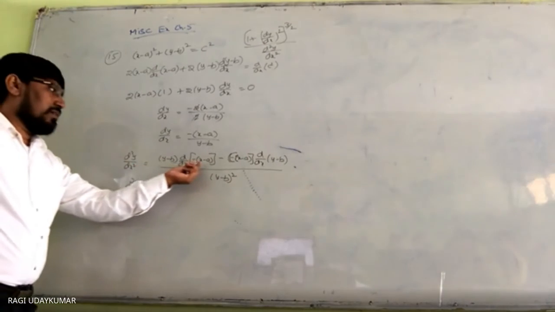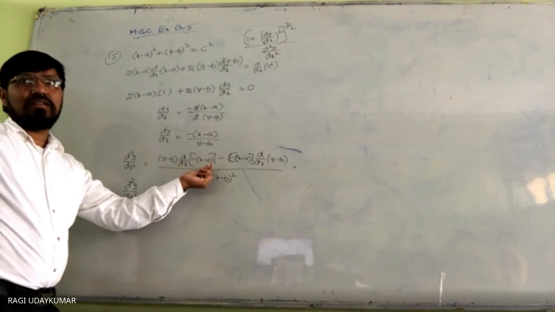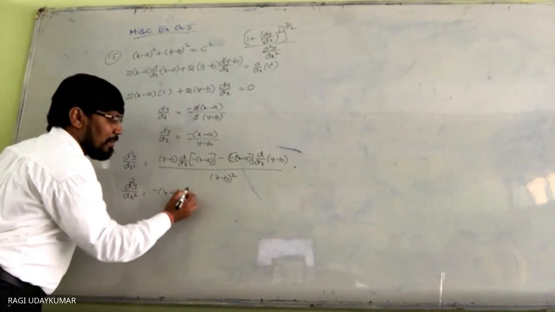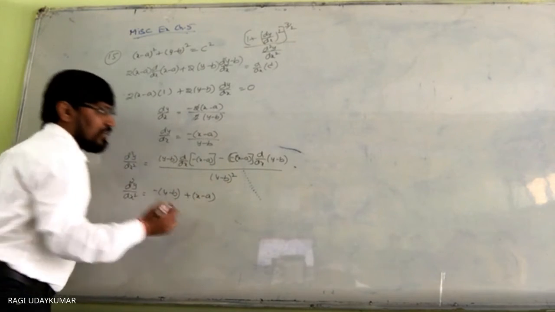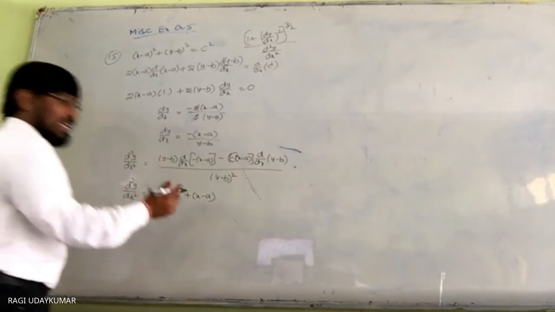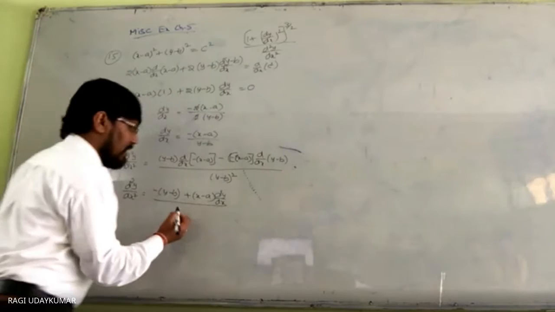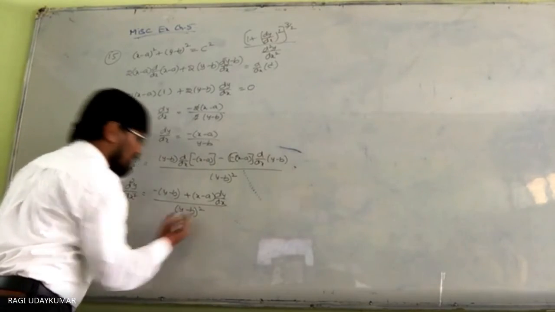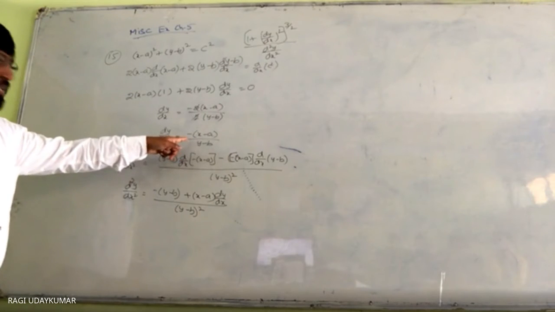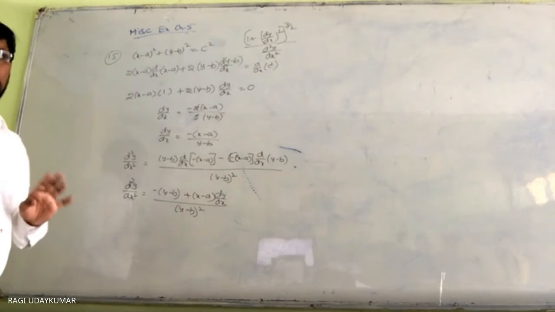What do you get here? Differentiation of this one is nothing but minus 1. So minus of (y minus b), this will be plus, plus (x minus a) into d by dx of (y minus b), by (y minus b) whole square. d by dx is equals to what? Then you substitute here, minus (x minus a) by (y minus b).